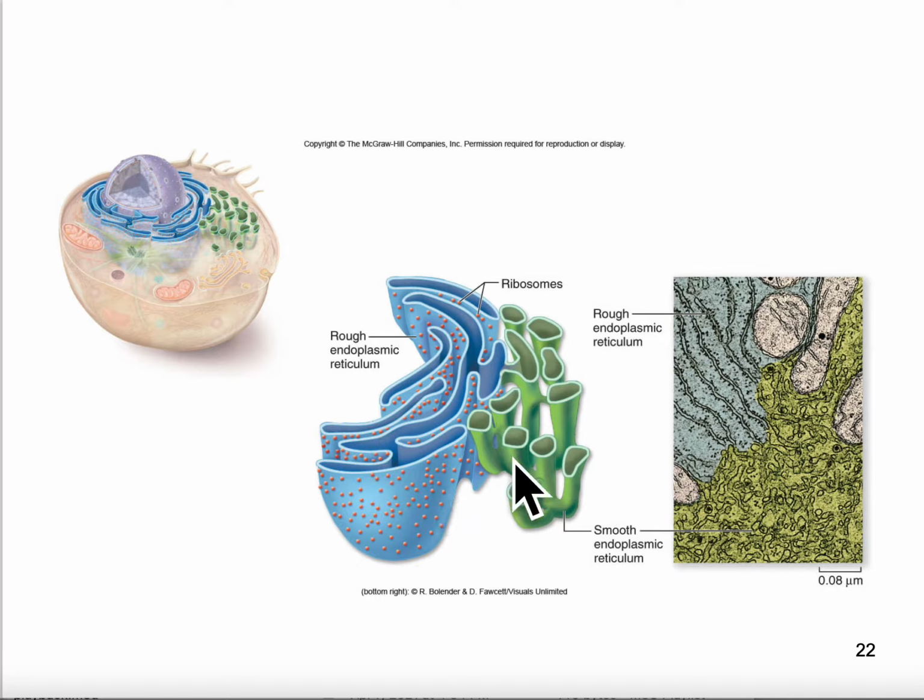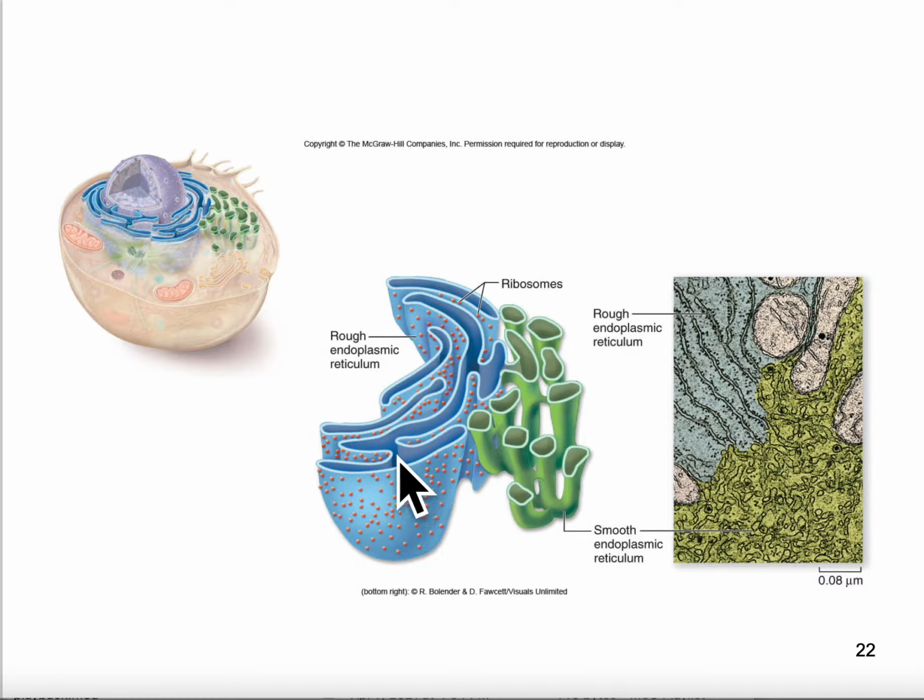Okay, so you need to know that both the smooth ER and the rough ER are made out of the membrane, which is itself a phospholipid bilayer. The rough ER has a lot of ribosomes parked on it to create proteins that are then pushed inside.